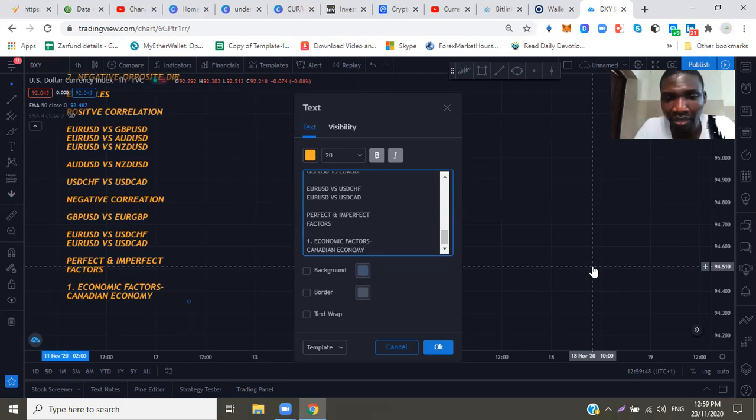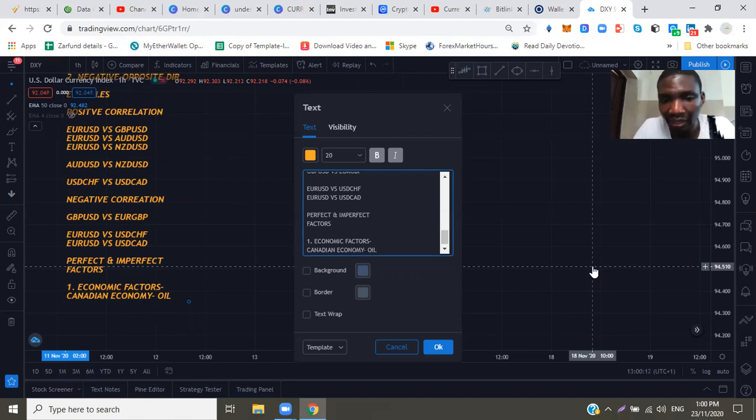You will notice that the Canadian economy is very dependent on oil. So if the Canadian economy is very dependent on oil, what does that mean? We know that during this pandemic, the price of oil has been very volatile. It dropped so heavily, it's trying to recover, and there are many factors around the oil market.